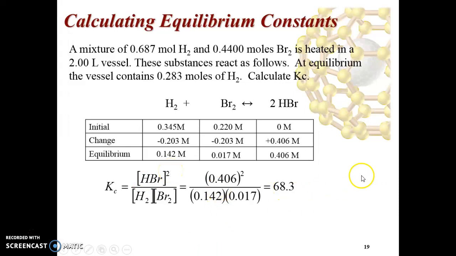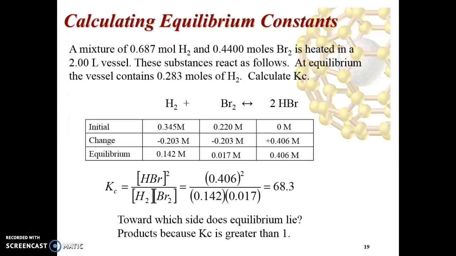Fill in my numbers, and I get KEQ is equal to 68.3. So where does the reaction lie? Because it's greater than 1, it favors the product. So I've got a lot of HBr having been produced, and very little of these two things left. Notice that Br2 is very small.